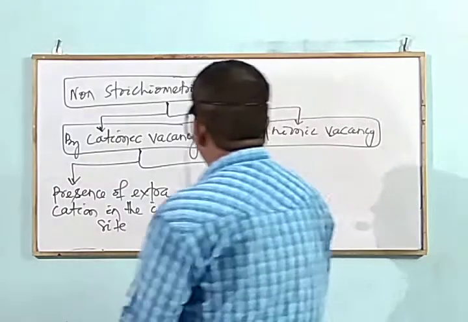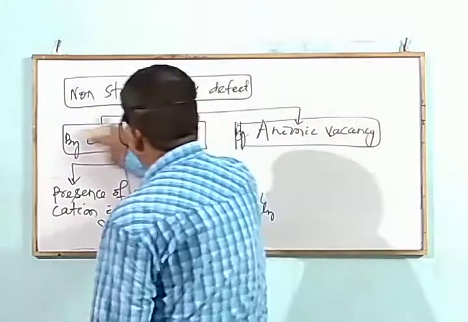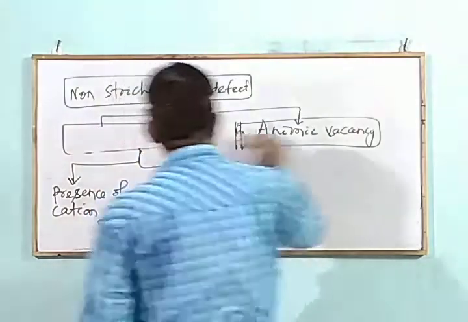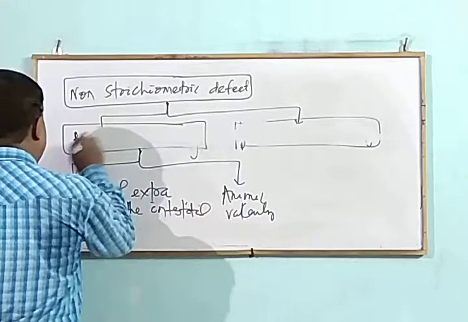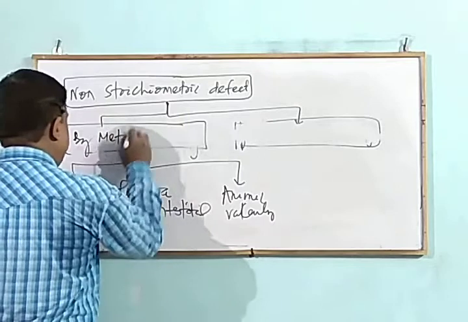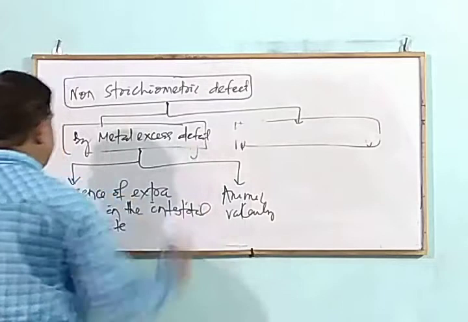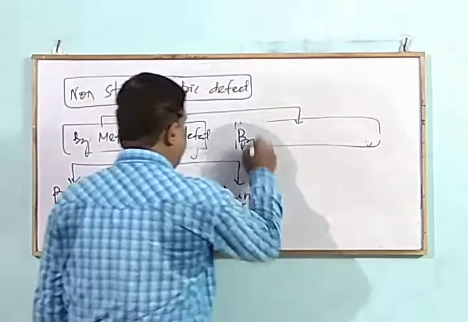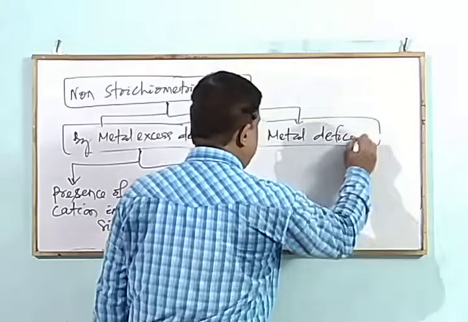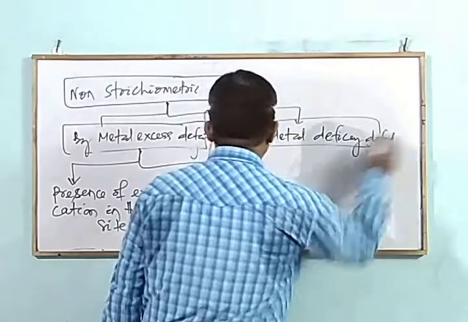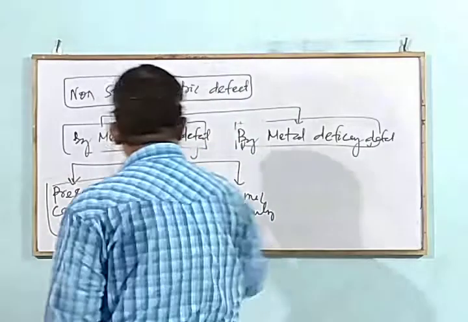That means non-stoichiometric defect is of two types: metal excess defect, and another one is metal deficiency defect. This metal excess defect is carried out in two different ways.